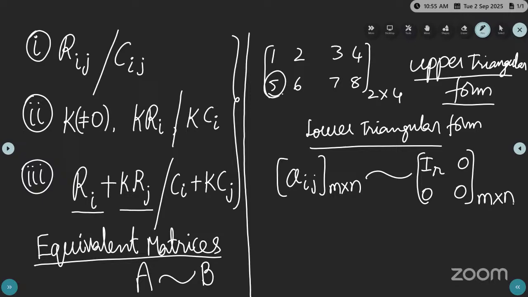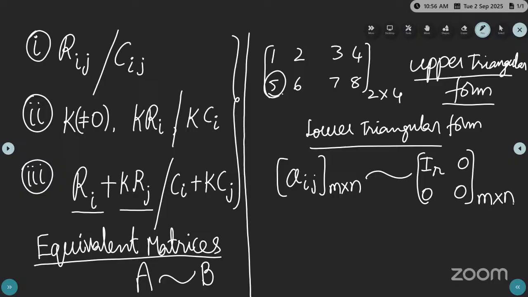Is it clear? So this is known as normal form. Say yes or no.